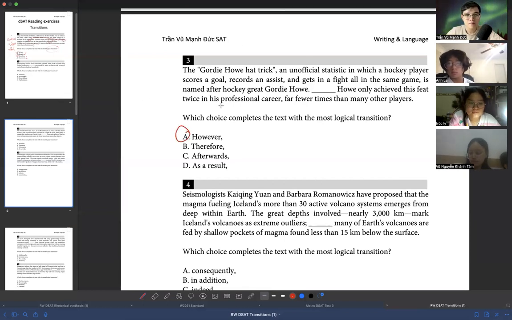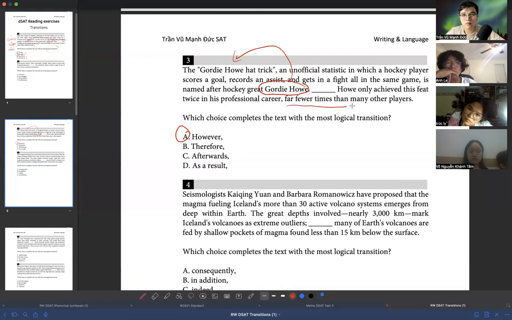A, let's see. Because the Gordie Howe hat trick was a title given after a famous hockey player, Gordie Howe. But, you notice the word I used, but Howe only achieved this feat twice in his professional career, far fewer times than many other players.